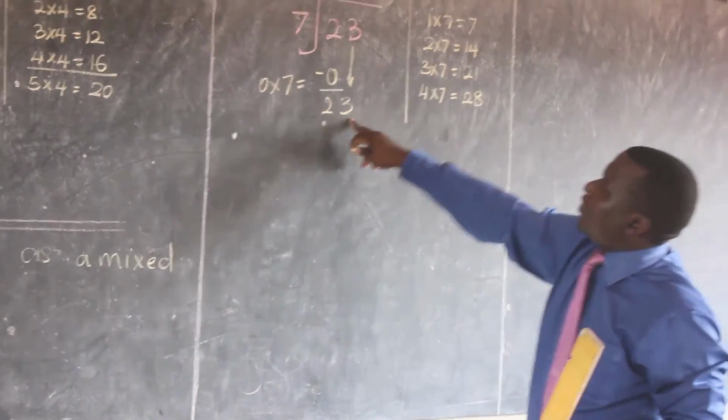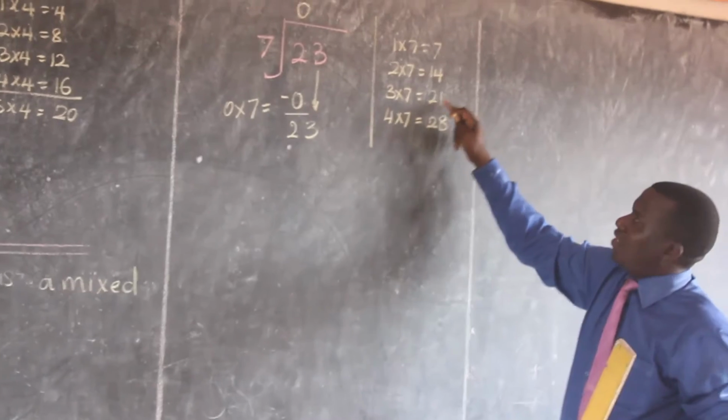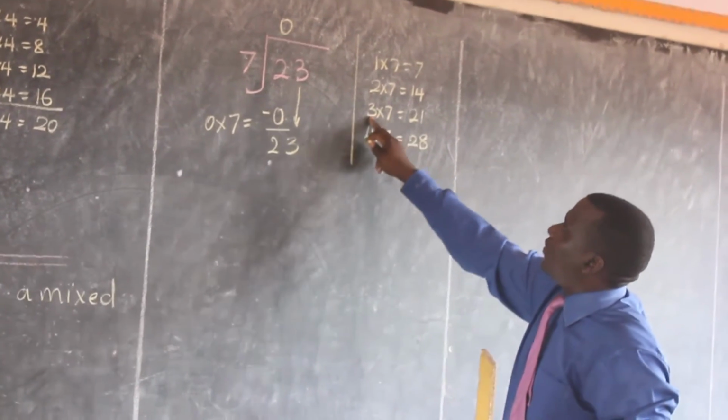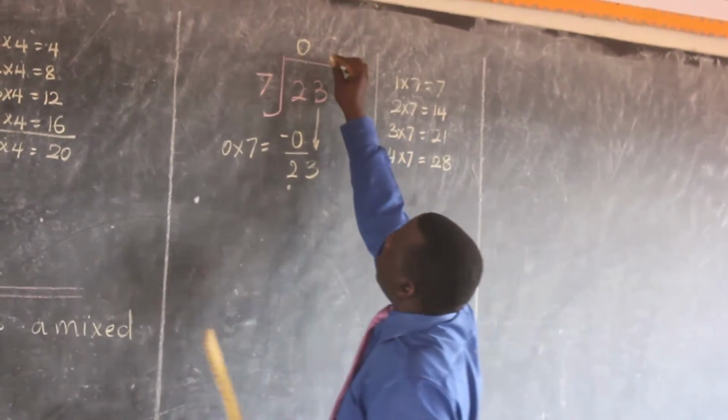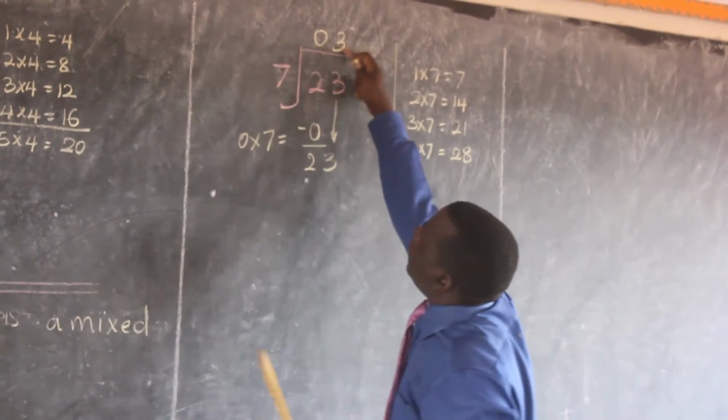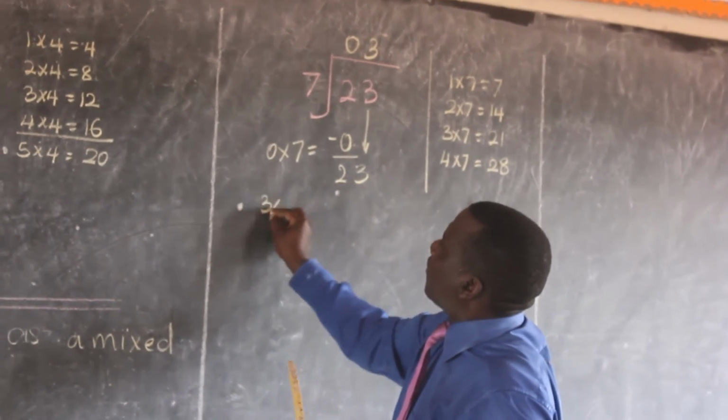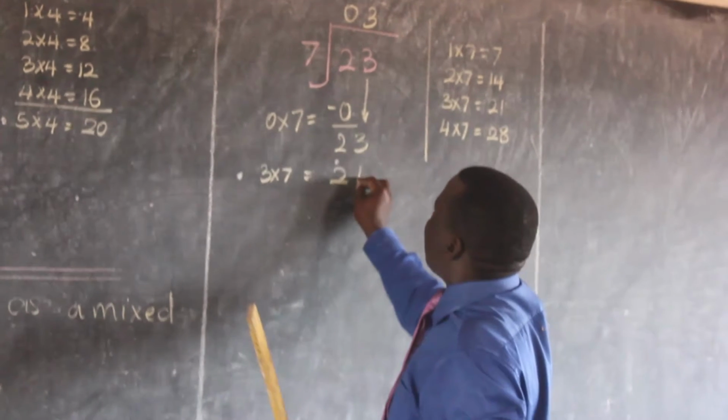So when you look at 23, which one is nearer? It is 3. So I'm going to bring my 3 here. I multiply 3 by 7, which gives me 21.